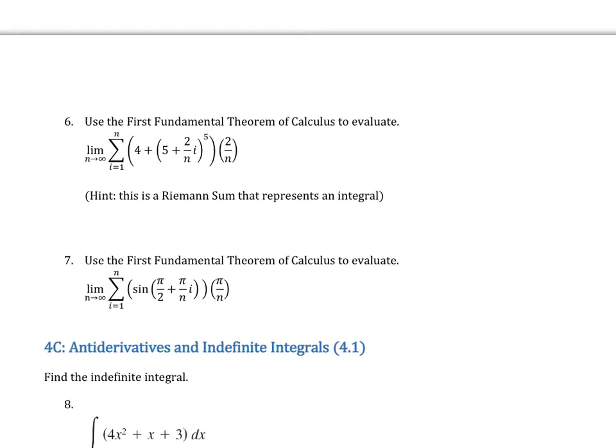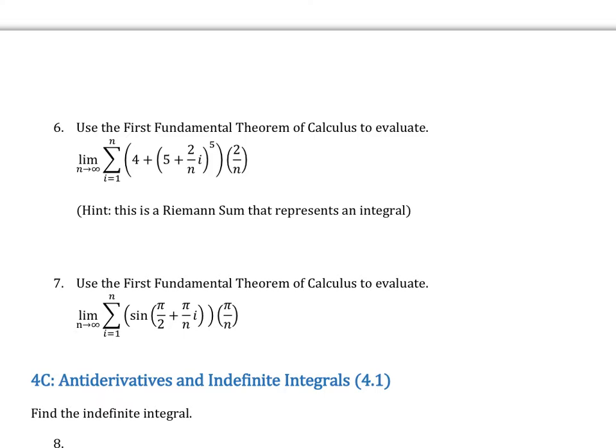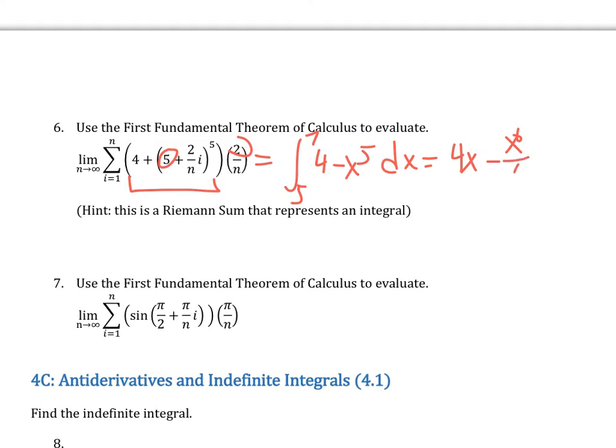All right, let's use the first fundamental theorem of calculus here. We see that this is the integral of, there's our a value of 5, and the 2 tells us that's our width, so we're going up to 7, and this function is 4 minus x to the 5th. That comes from f of x here. And we got dx. And using the fundamental theorem of calculus, we've got 4x minus x to the 6th all over 6, and we're going from 7 to 5 there.